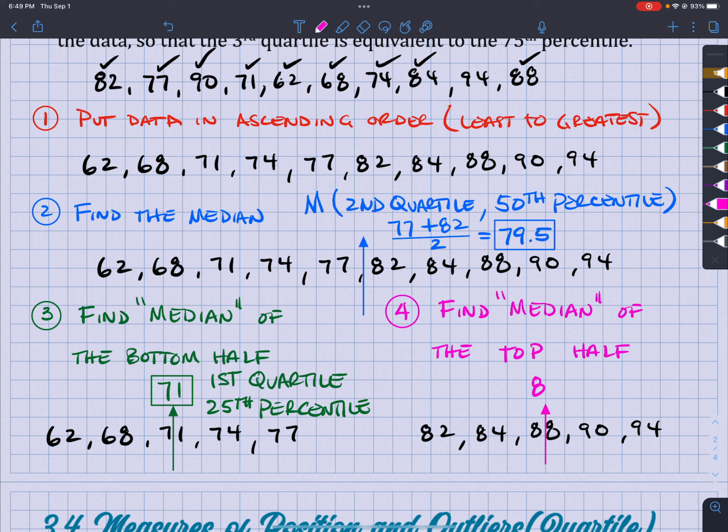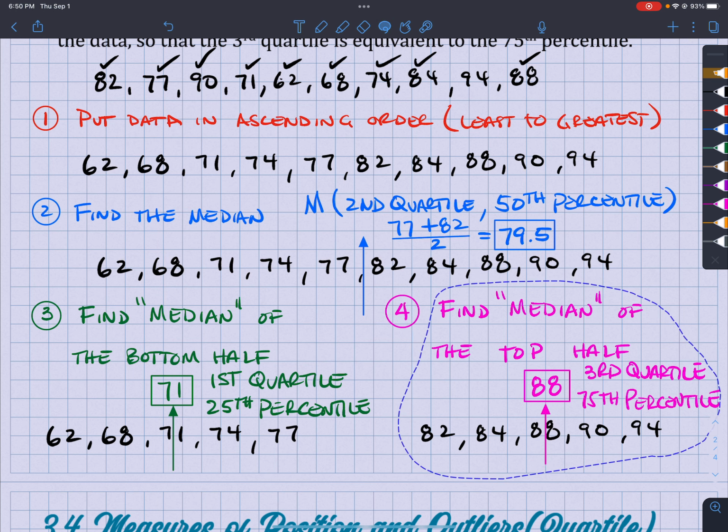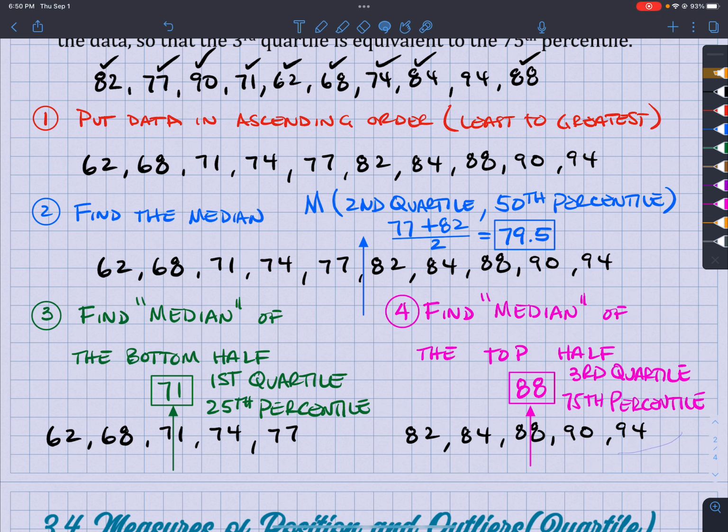So 88 is my third quartile, which is also named as my 75th percentile. All right, so let me see if I can fit this in. There we go. So now I found my first quartile, my second quartile, my third quartile, all right there.